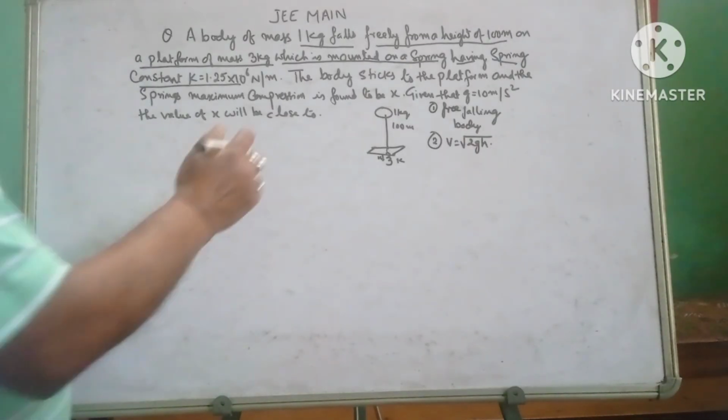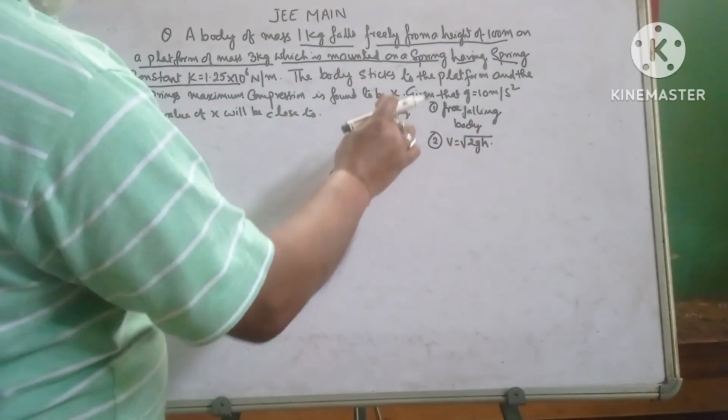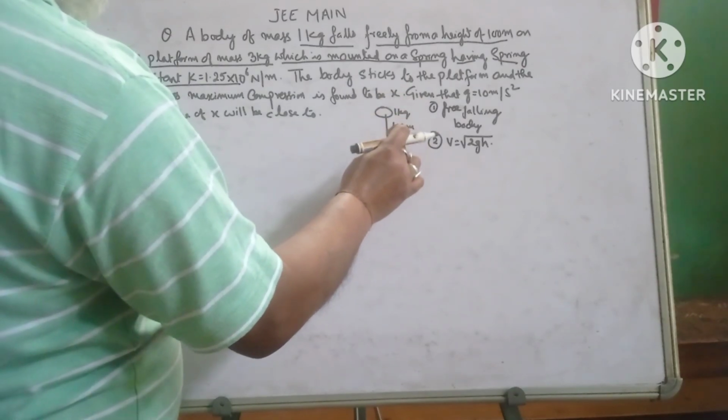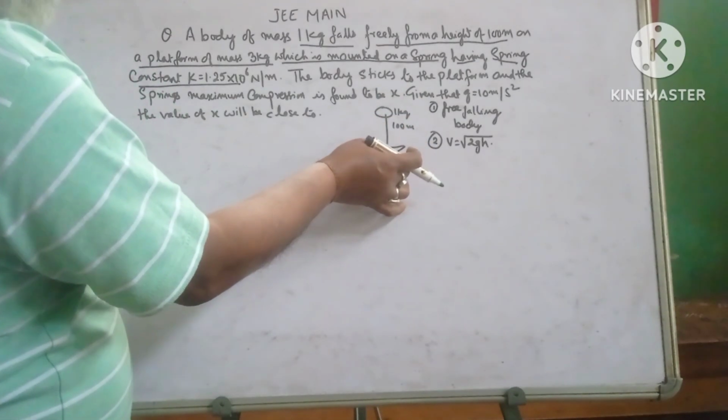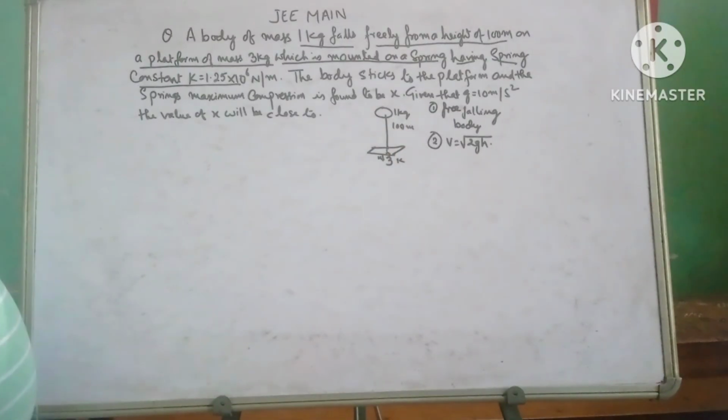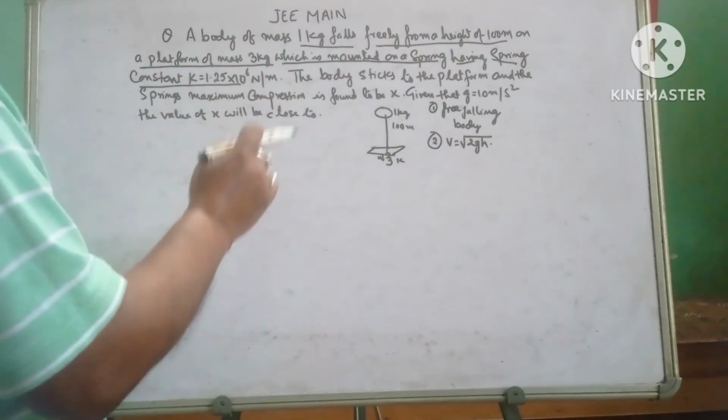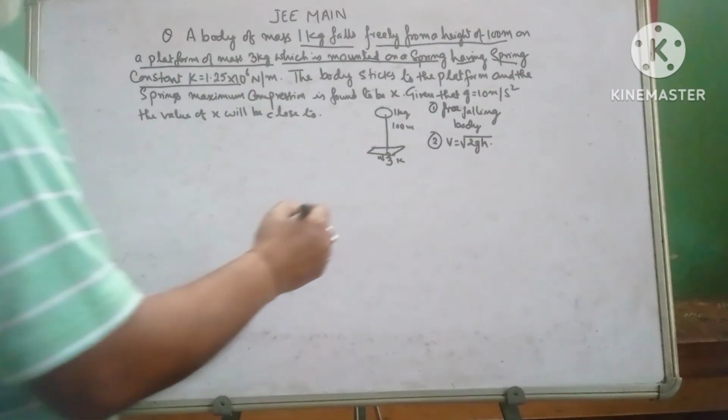Now, when the body sticks to the platform, this means after it strikes the platform, the body and the platform move together. So here comes our collision theory.